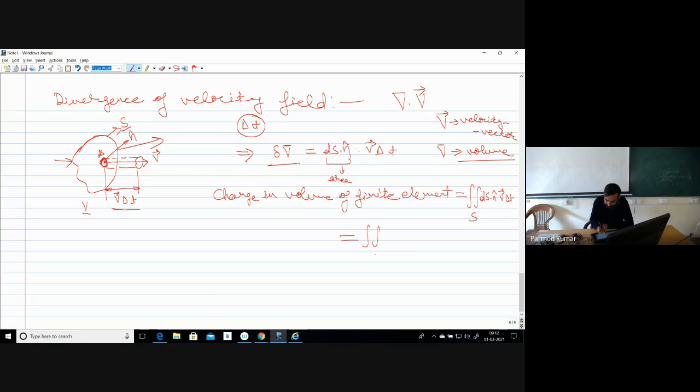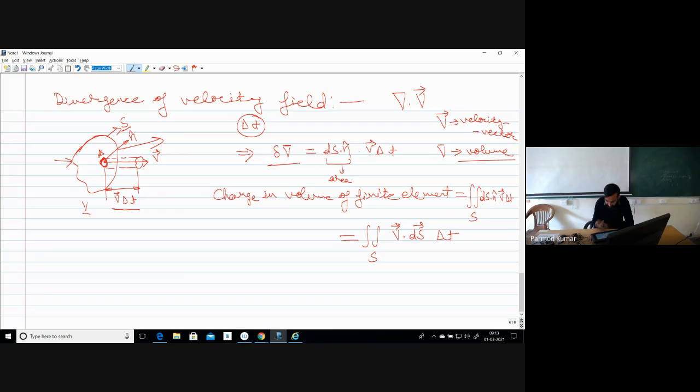So I can write the surface integral of velocity vector dot dS vector, because dS into n cap is the magnitude and direction, which is our entire surface area vector. And here I have delta t as time only. So this is my change in volume of the entire finite element due to its motion.